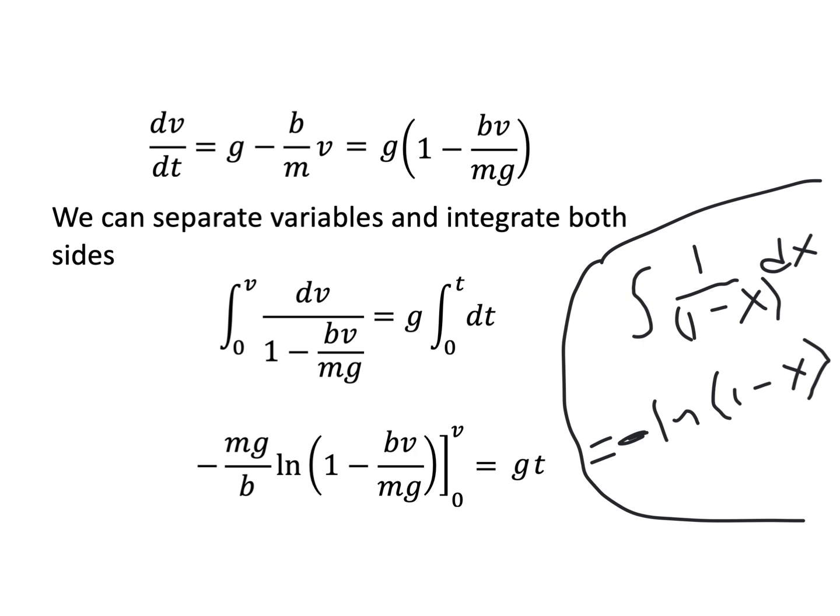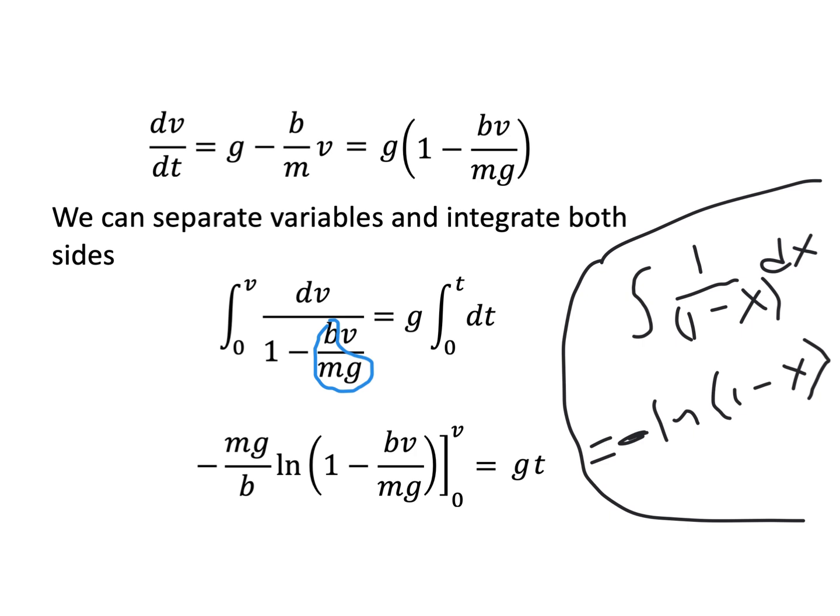And so this integral over here on the left, it looks very much like that. I've got 1 over 1 minus x, except I've got this thing times the x, this b over mg. And so when I do my chain rule type thing, I'm going to have this b over mg come out as well. But of course, I have to have that upside down so that it cancels.